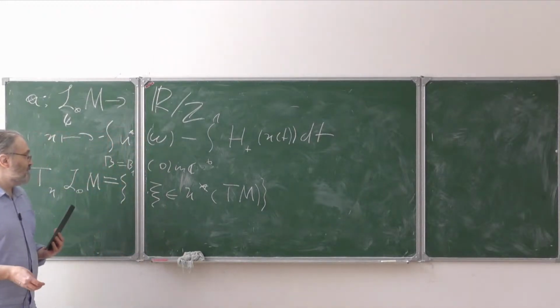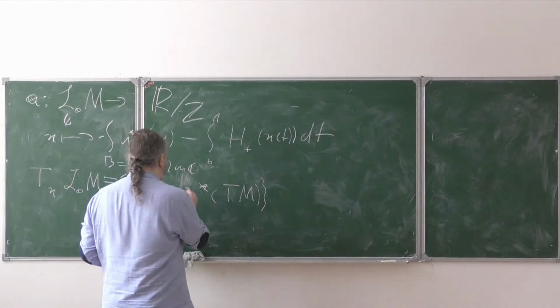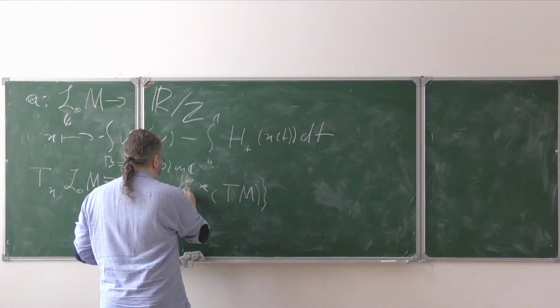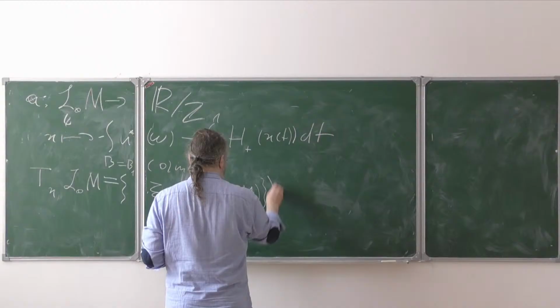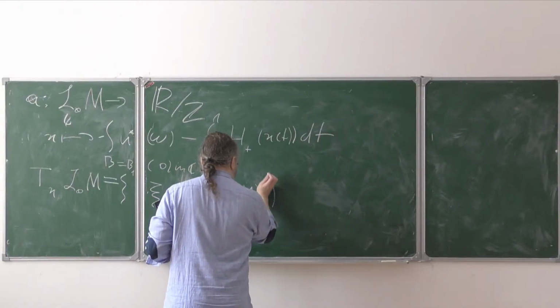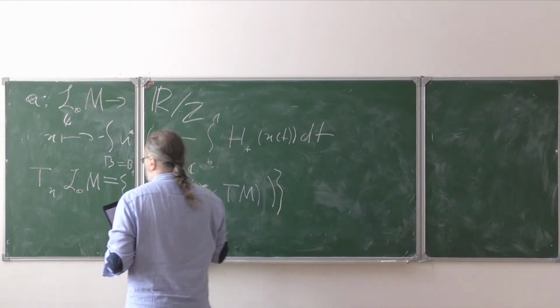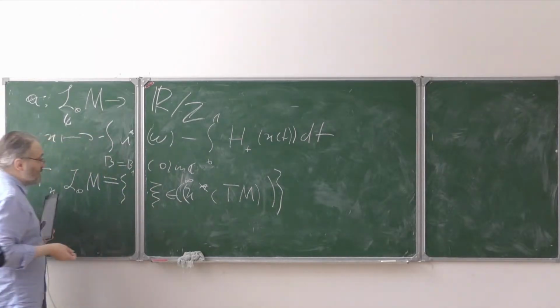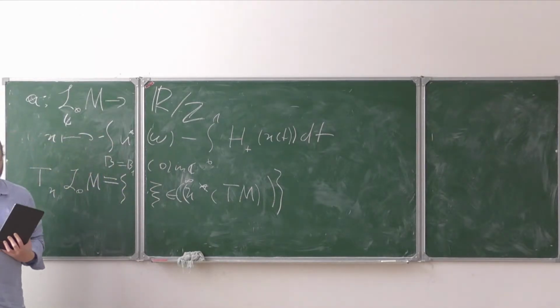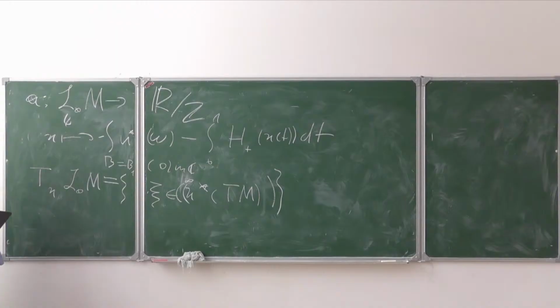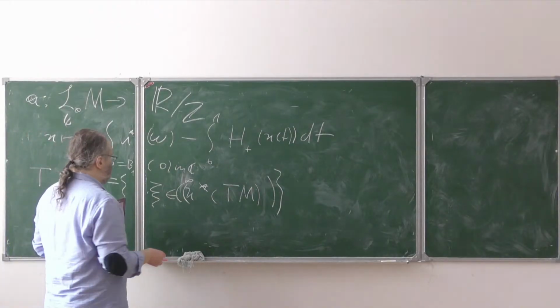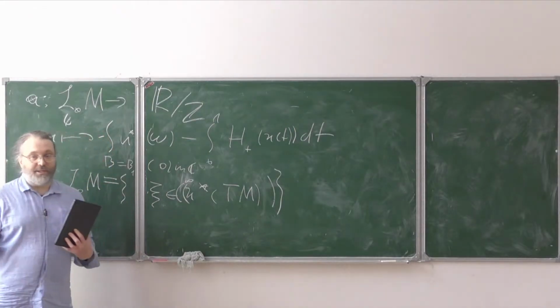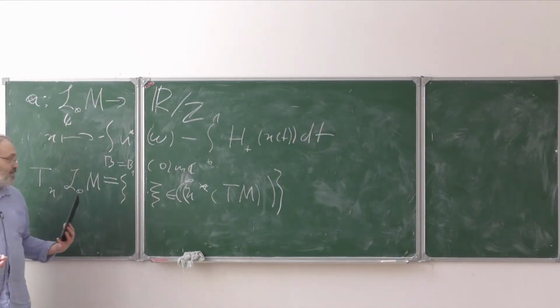The tangent space is, not surprisingly, the vector space of all sections of the pullback of the tangent bundle along X.